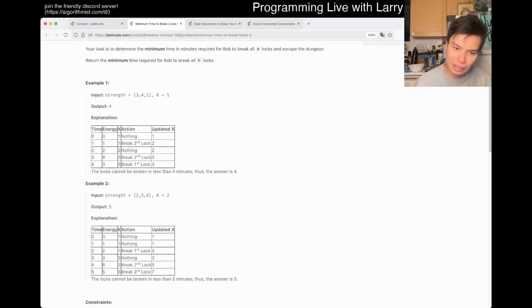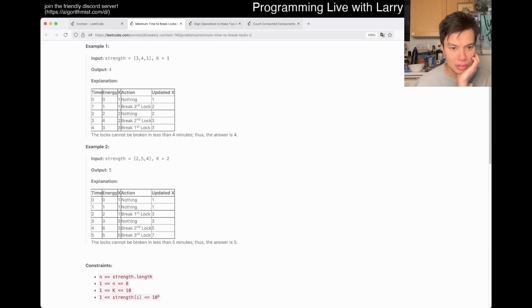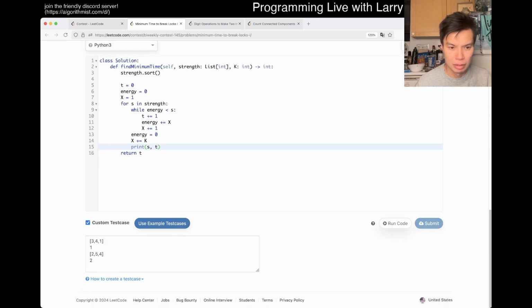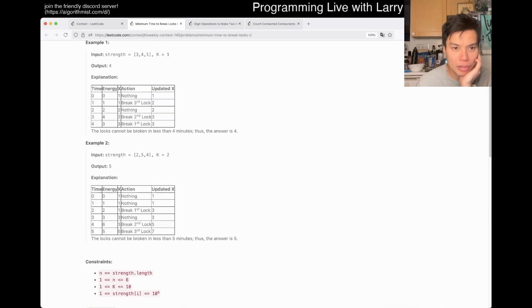3 and 4, that's not right. Why do I think it's 3 and 4? It takes 1 second for the first one, is that true?